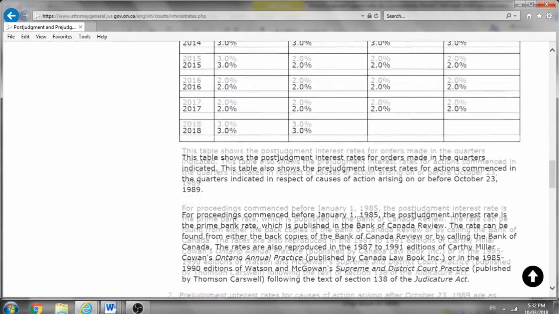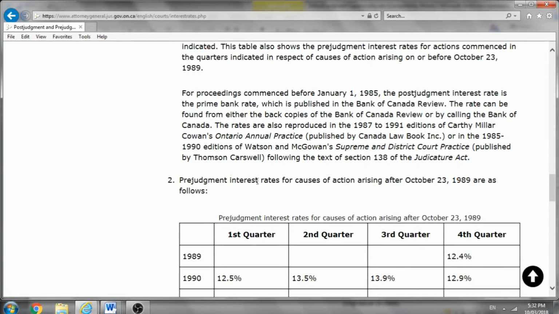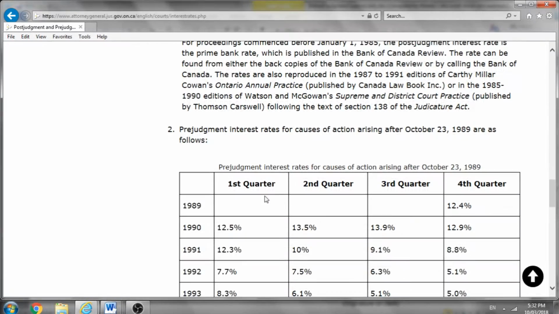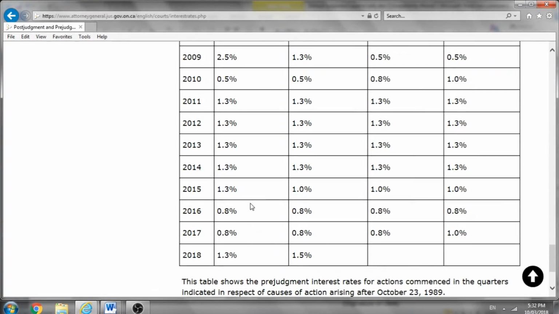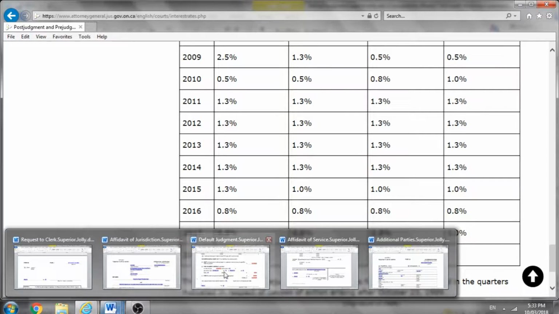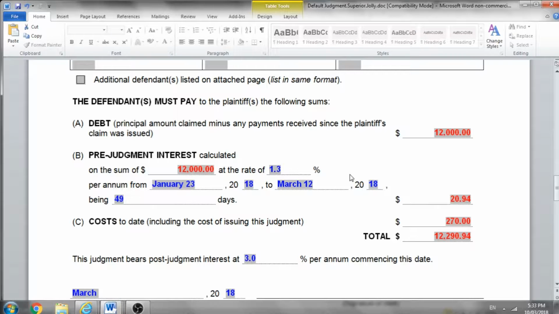If we scroll down further, we find the chart for pre-judgment interest. And again, we want to scroll down to 2018, and we can see that in the first quarter of 2018, pre-judgment interest was 1.3%. So we can bring those two figures with us, and we can complete the default judgment.